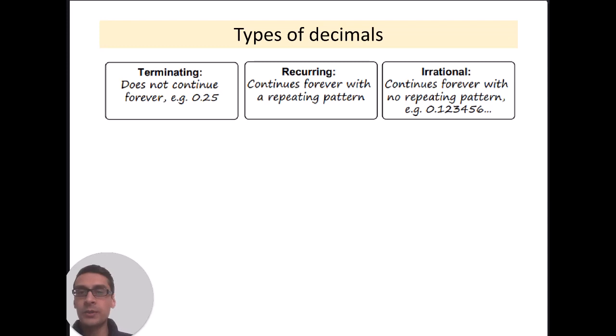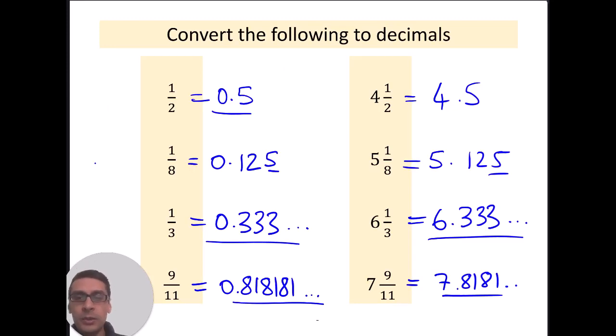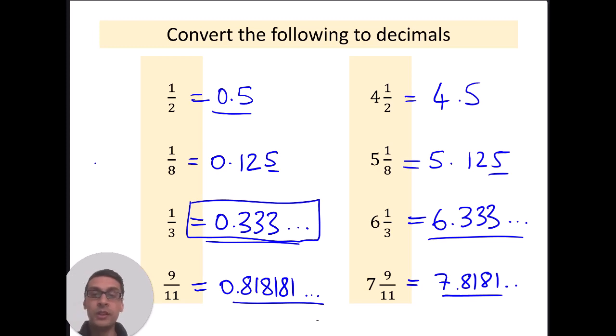And some more examples of terminating decimals, you can have 0.32, 4.89, 0.004, and so on. Now recurring has a pattern that repeats forever. So the first recurring decimal you came across was 0.3 recurring.